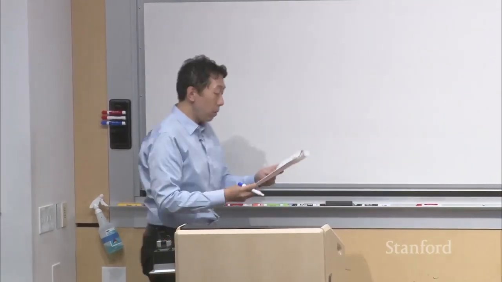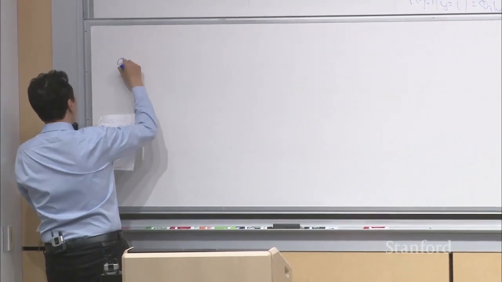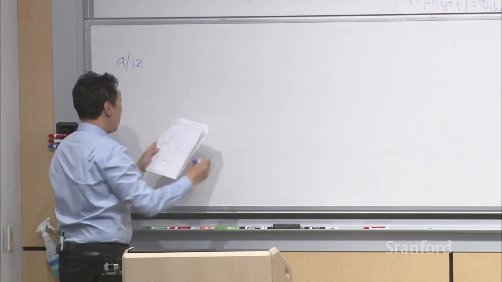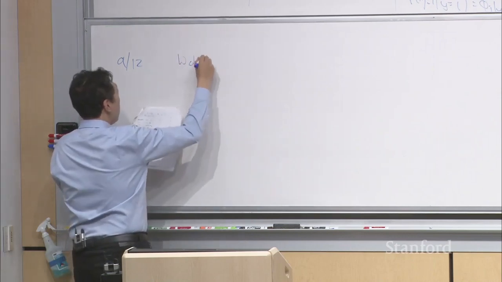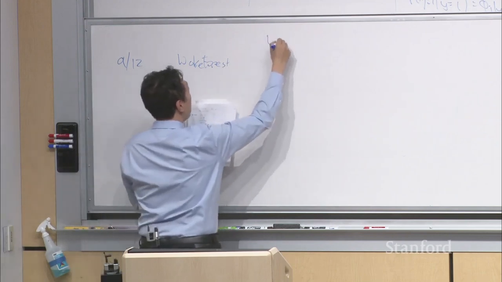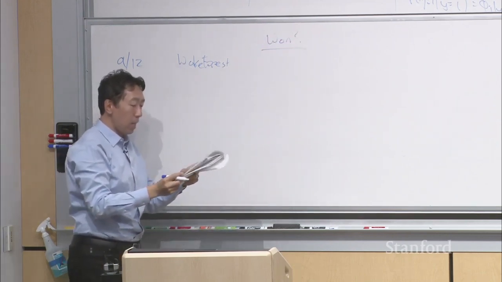So several years ago, I was tracking the progress of the Stanford football team. This is a few years ago now. But that year, on 9/12, our football team played Wake Forest. Actually, these were all the state games we played that year.